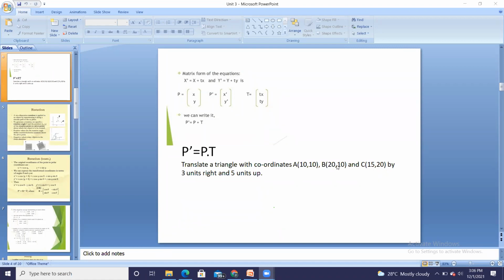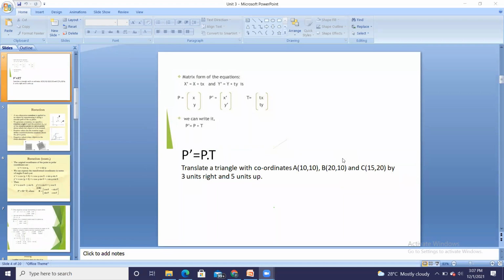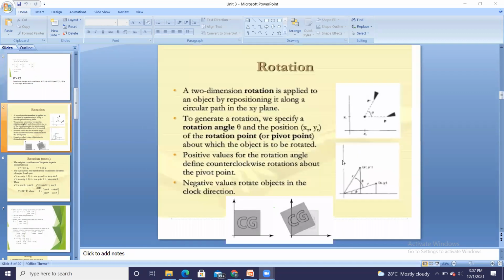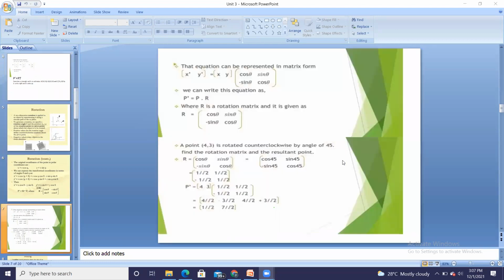You have to rotate this triangle by 30 degrees in clockwise movement. So now it's your turn to find out the T matrix.